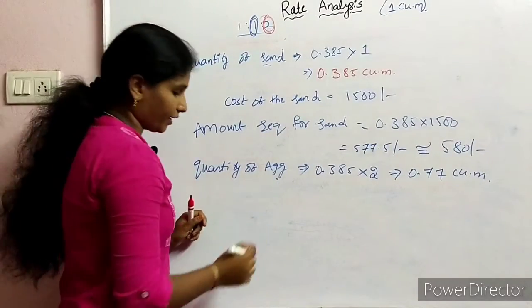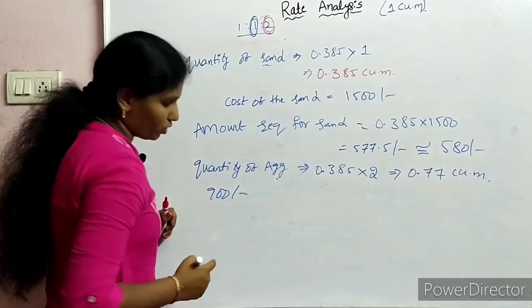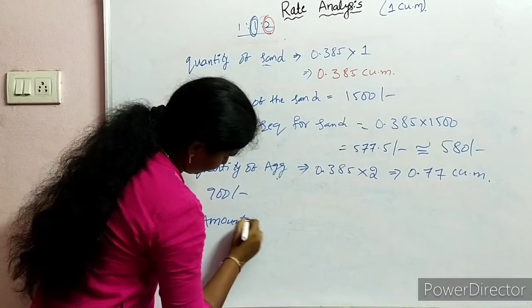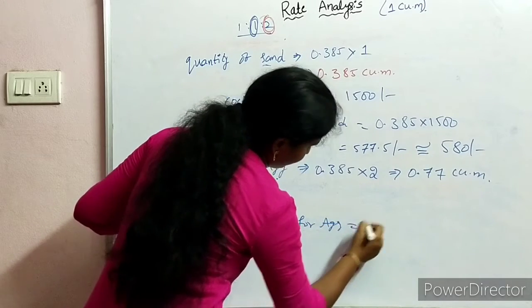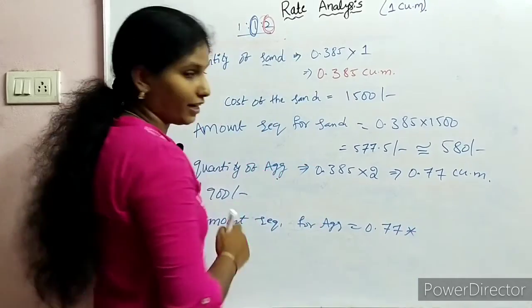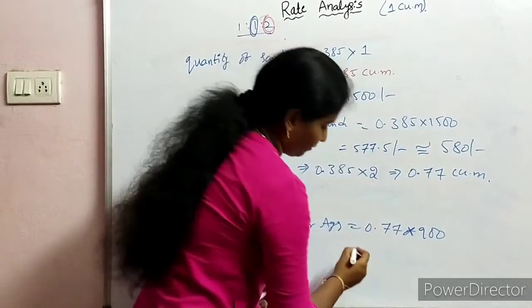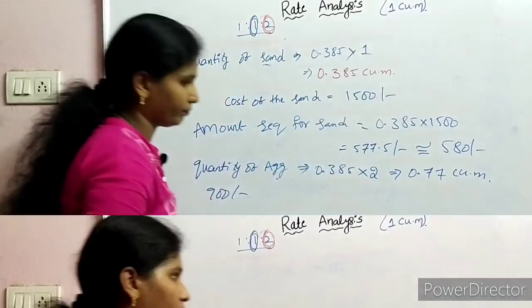The cost of the aggregate for 1 meter cube is 900 rupees. So the amount required for the aggregate is 0.77 into 900 rupees, so we get 693 rupees.